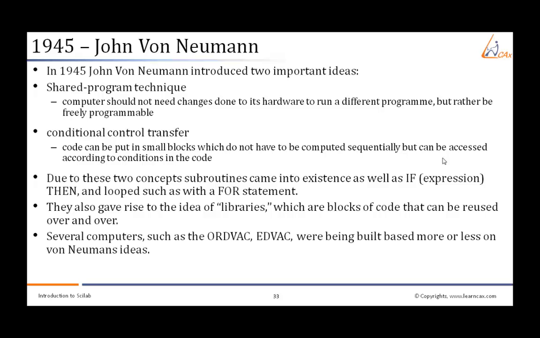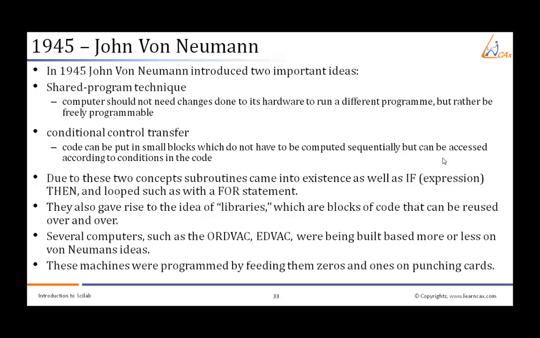Several computers came into picture after this, like the ORDVAC and EDVAC, and these were all built more or less on the same concepts that John Von Neumann invented. These machines were programmed by feeding them zeros and ones on a punching card, which was the new technique of programming data.